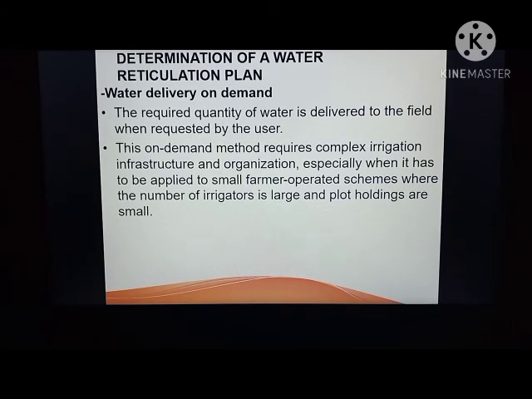The required quantity of water is delivered to the field when requested by the user. This on-demand method requires complex irrigation infrastructure and organization, especially when it has to be applied to small farmer-operated schemes where the number of irrigators is large and plot holdings are small.